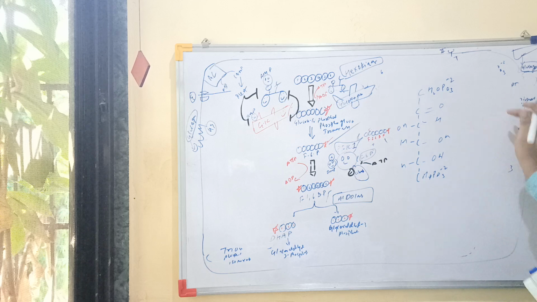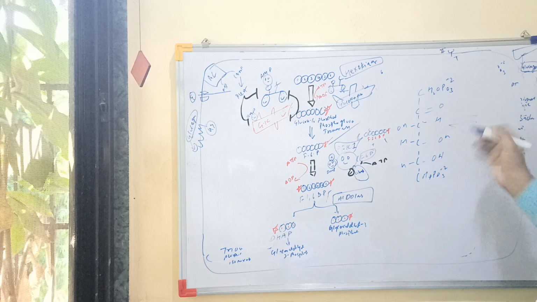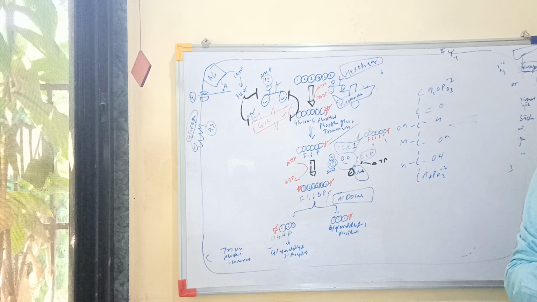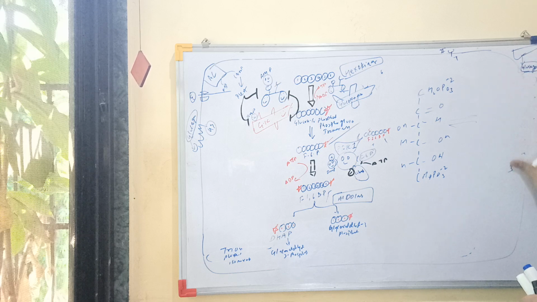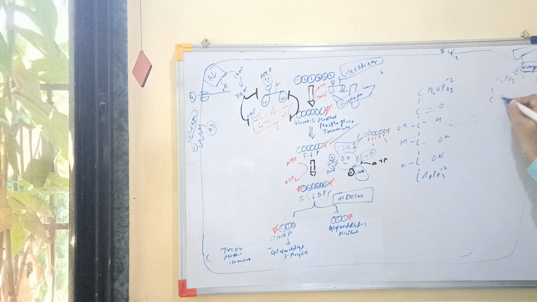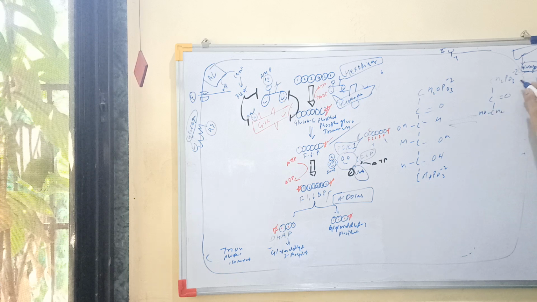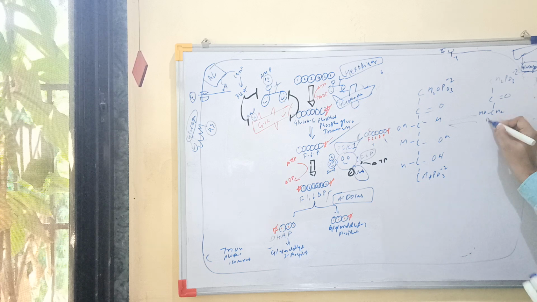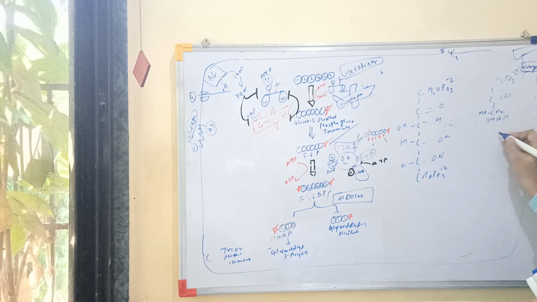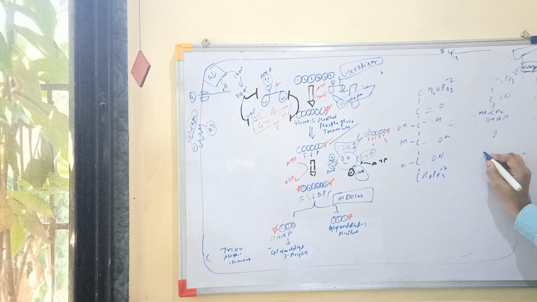Now what does aldolase do? Aldolase is a reversible enzyme. So you have this three carbon molecule, which will remain a ketonic group, and you will get glyceraldehyde 3-phosphate.